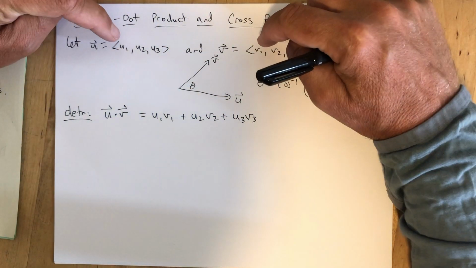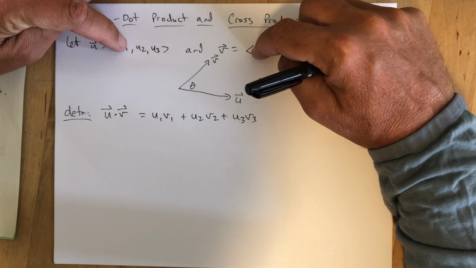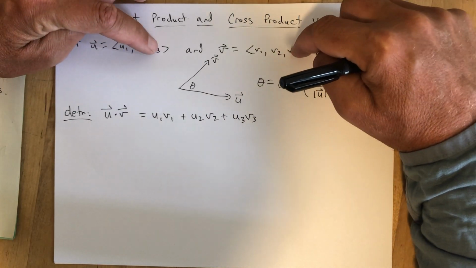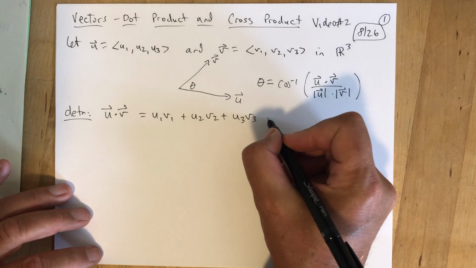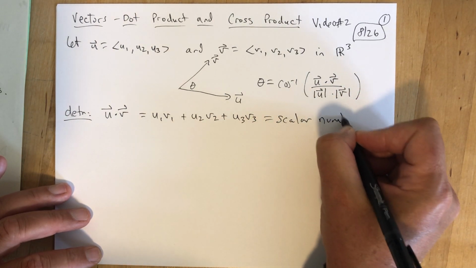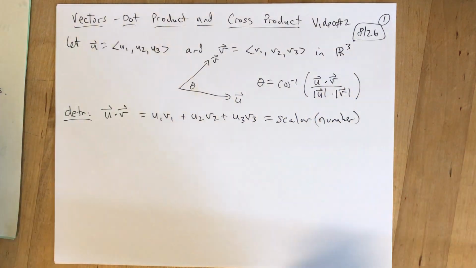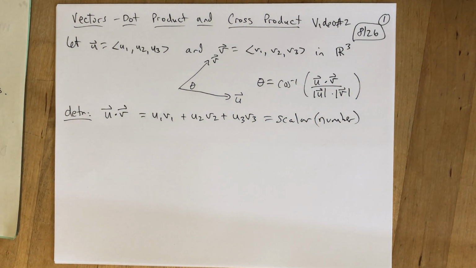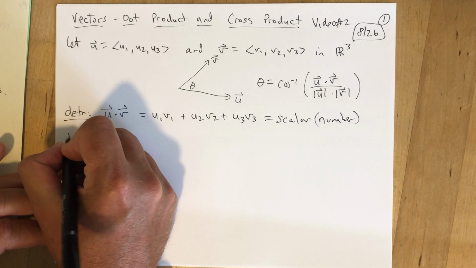So you multiply the components, u1 v1 plus u2 v2 plus u3 v3, and you get a scalar, which is just a number, right? 5 or something.